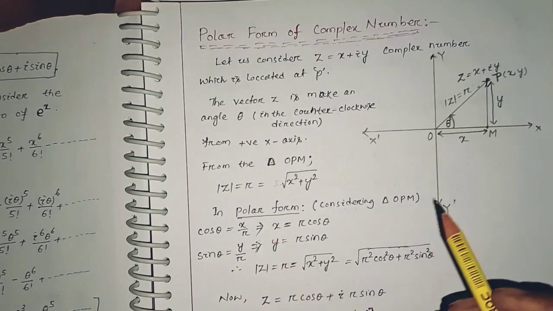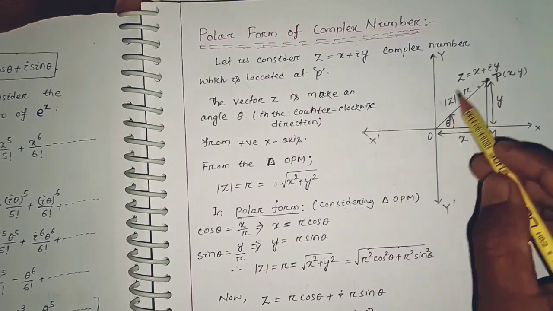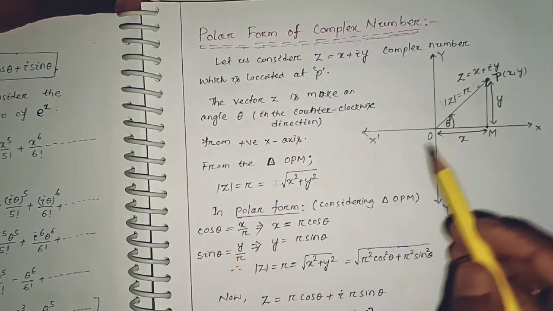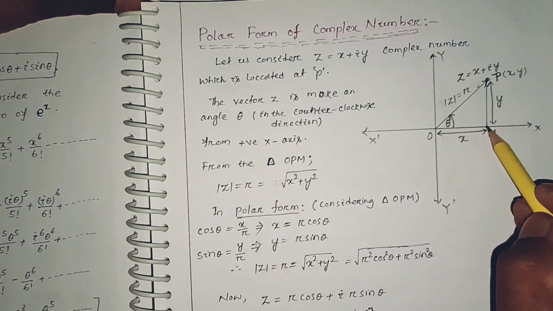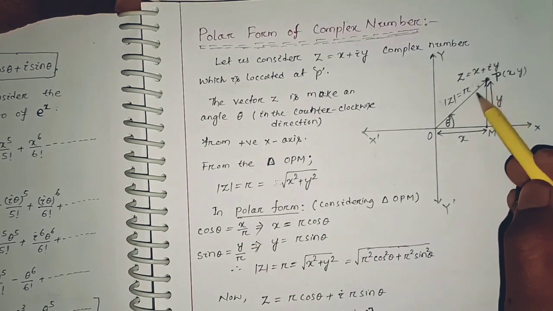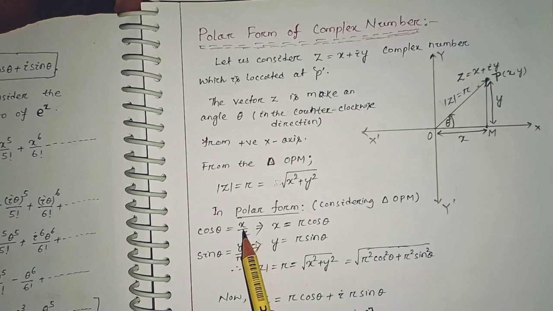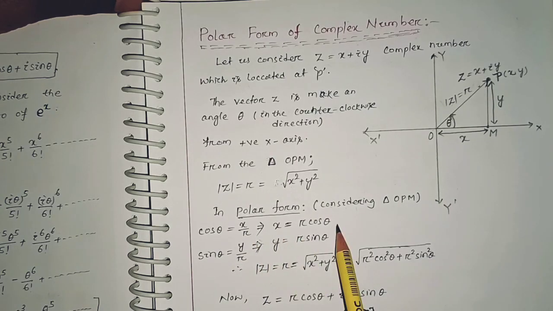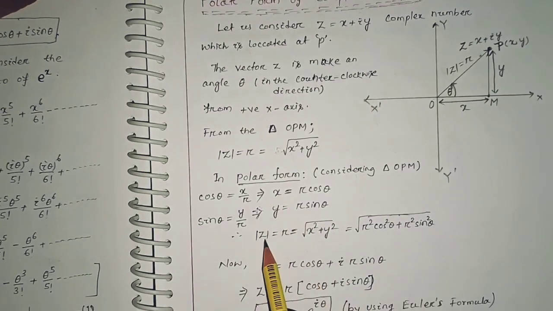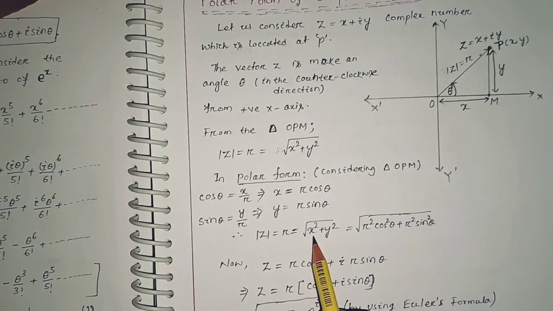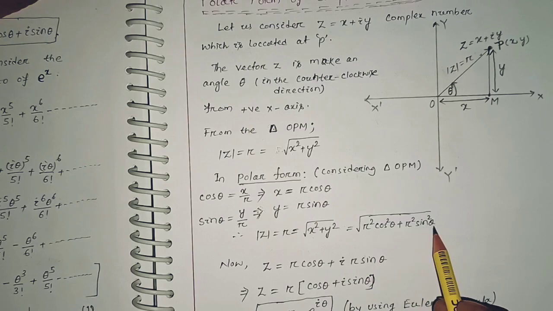In polar form, considering this triangle, cos theta will be x by r. Here x is the horizontal component, divided by this diagonal r, so x by r, which implies x will be r cos theta. Similarly, considering sin theta for this triangle, we find y equals r sin theta. So the modulus of this complex number, represented as r, will be the square root of x square plus y square, which can be written as the square root of r square cos square theta plus r square sin square theta.